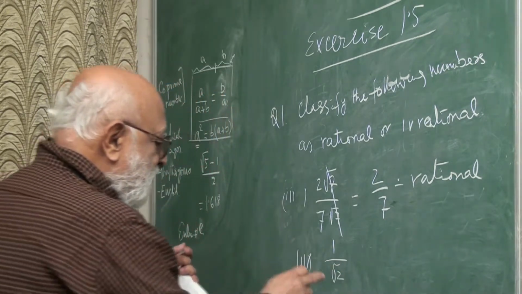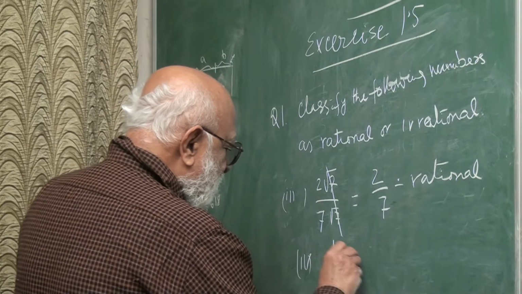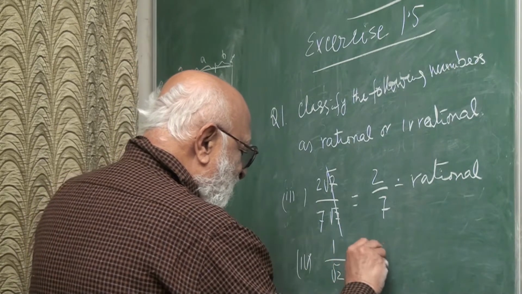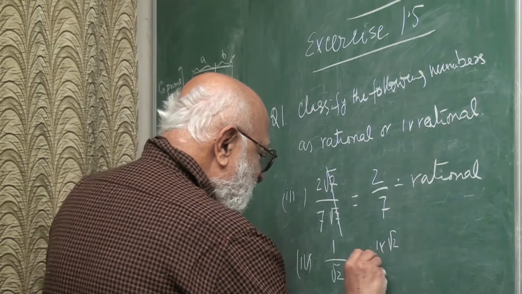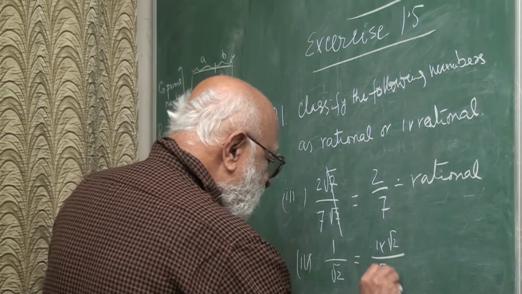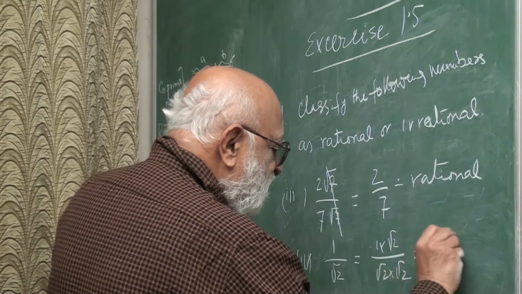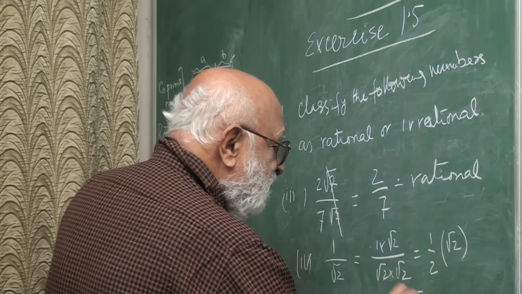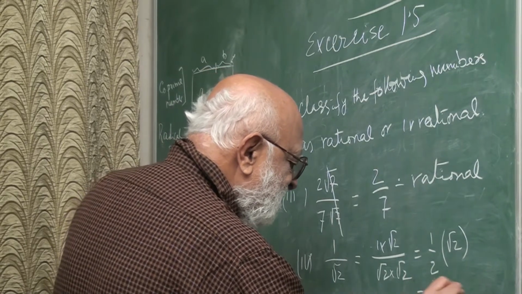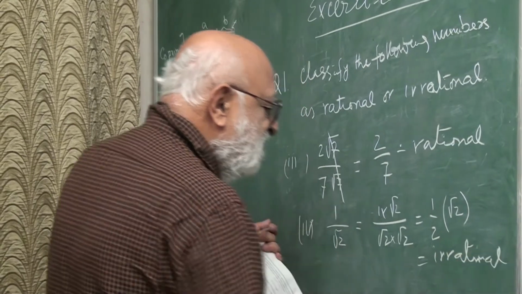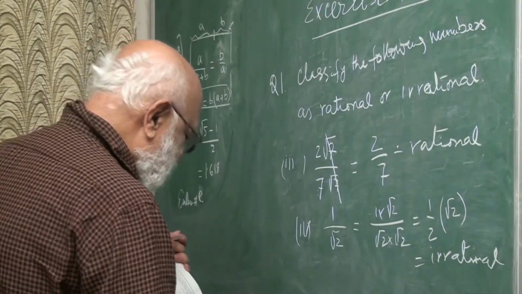So you can rationalize the denominator, so it will be equal to 1 into root 2 over root 2 into root 2, that is half of root 2, so that will be irrational. Irrational, right? Okay, done? Okay, this is 4.